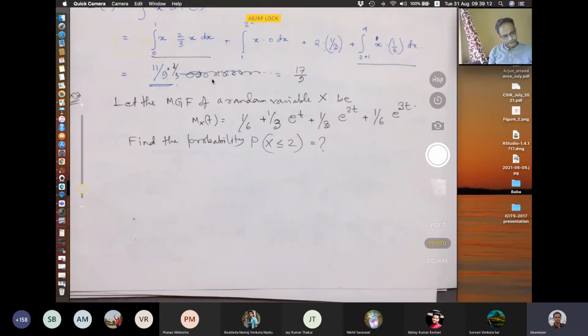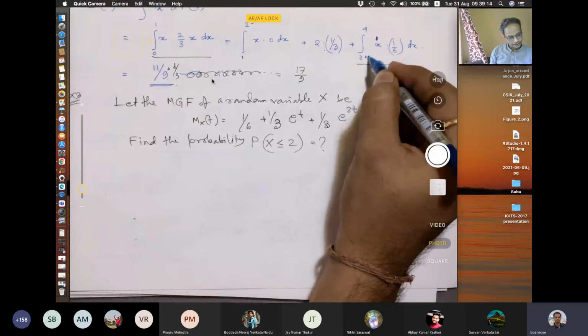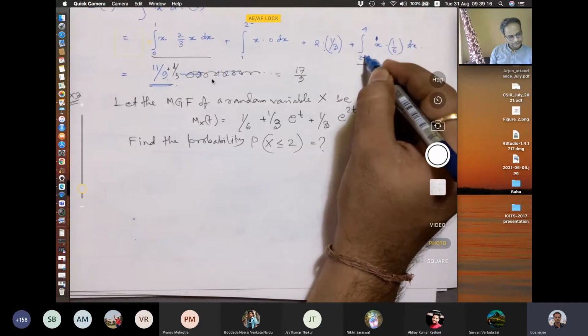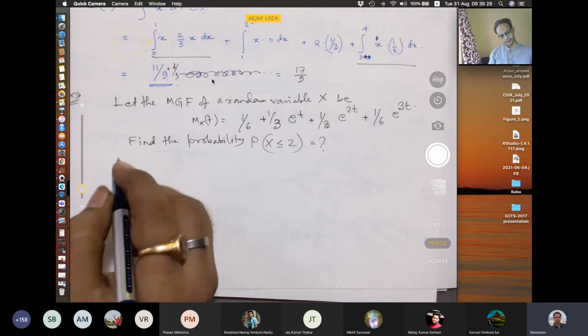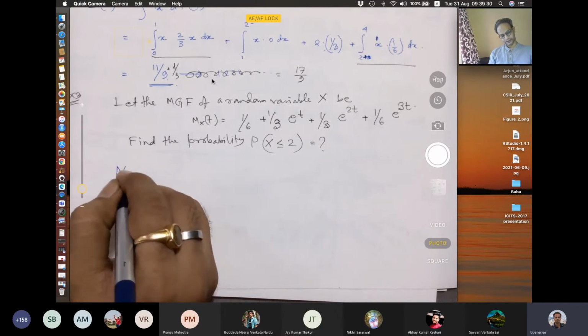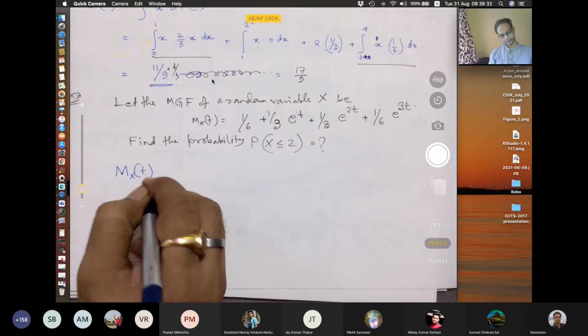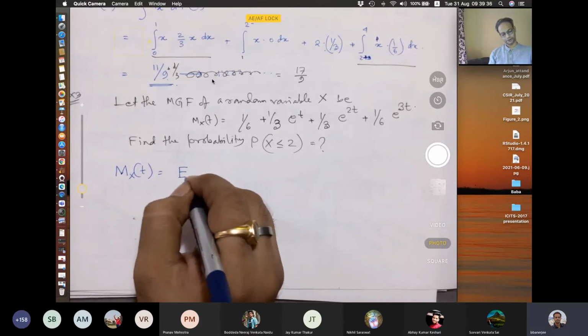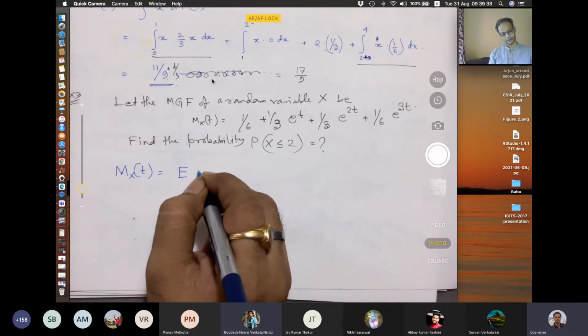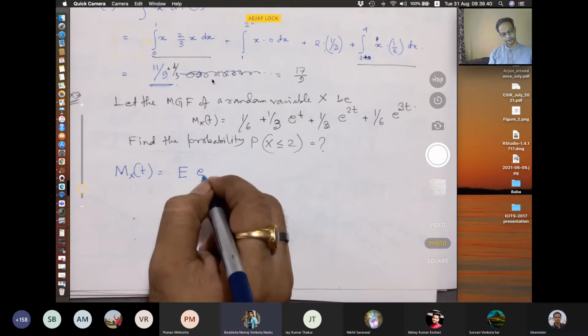So what is the definition of the moment generating function? Expectation of e to the power tX.